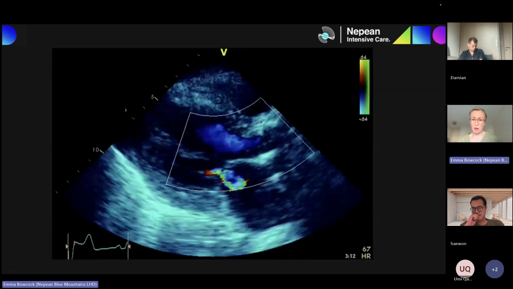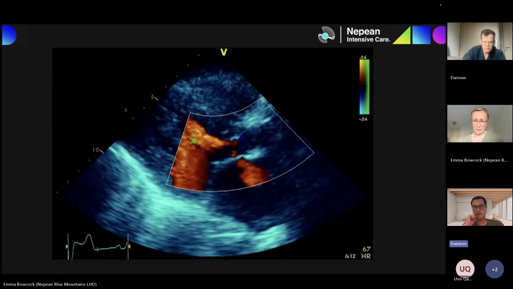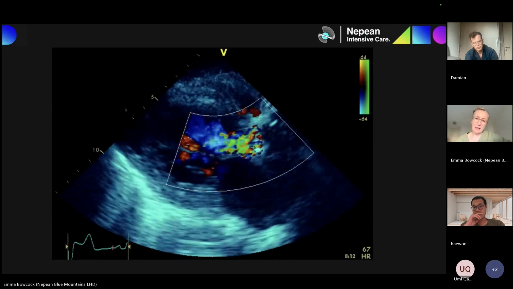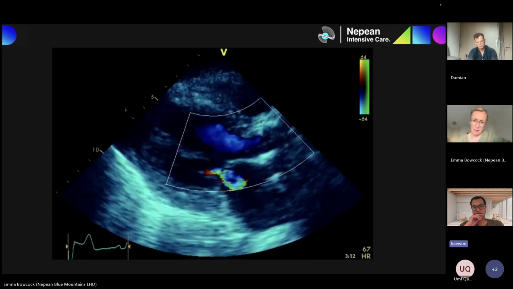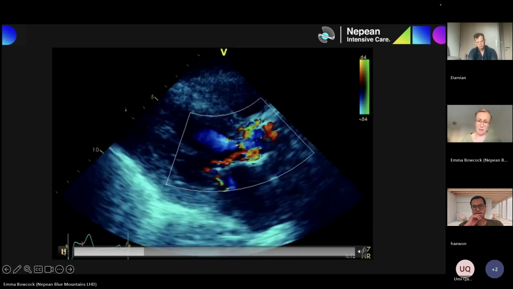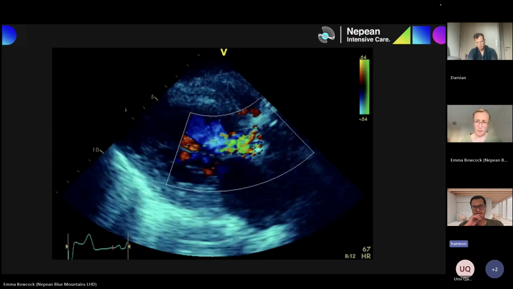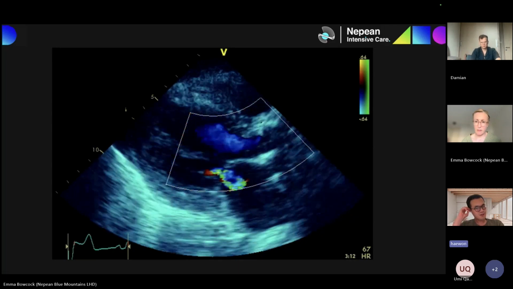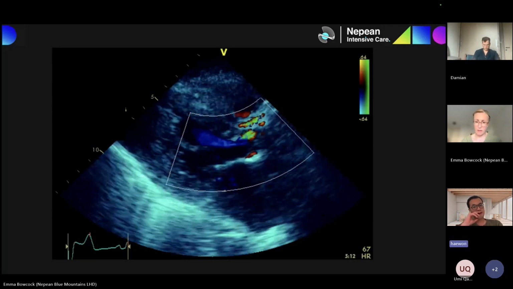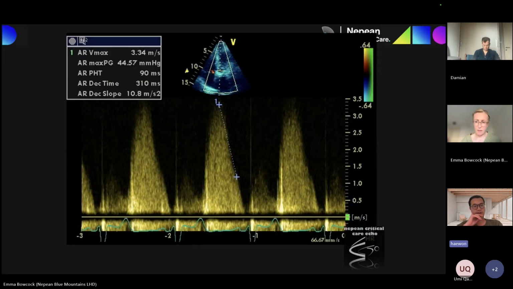I'm just going to take you through. On color flow Doppler, there's a significant regurgitant jet across the aortic valve with aliasing. There's also central mitral regurgitation on color flow Doppler, and I'd like to interrogate that further.